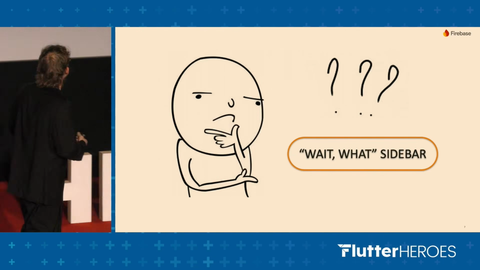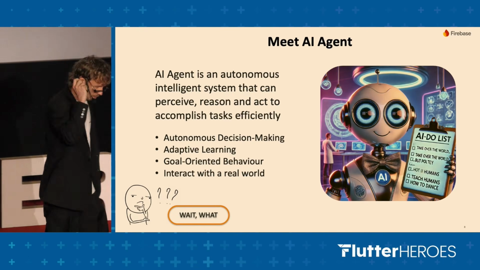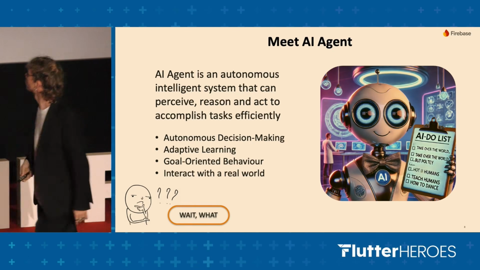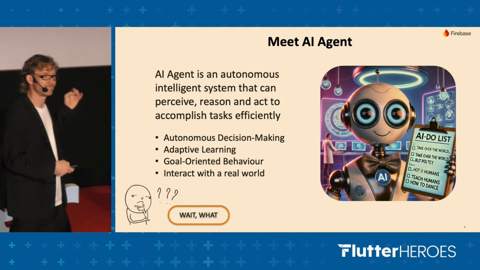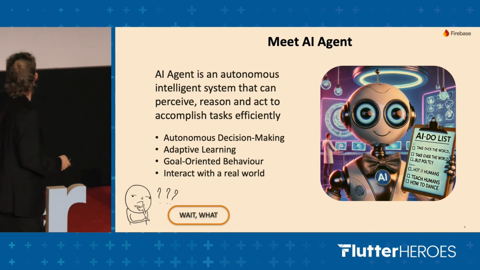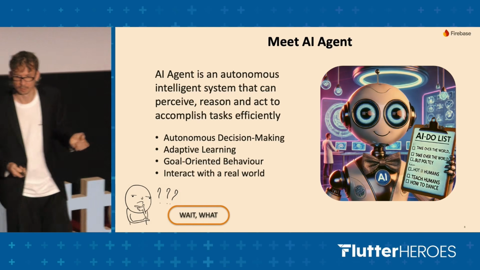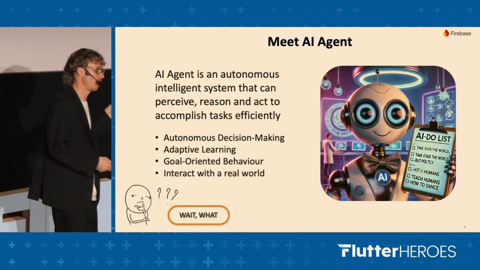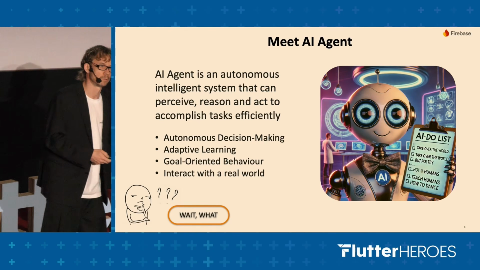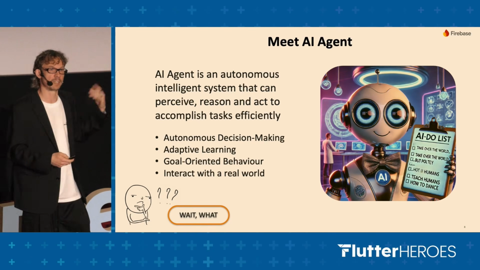So kind of a sidebar, yeah? An AI agent is a kind of autonomous AI system that can make decisions, can learn, and can achieve some goals and interact with the real world.